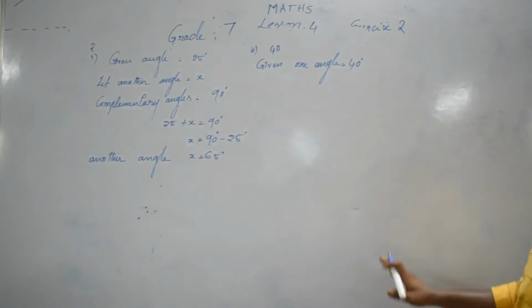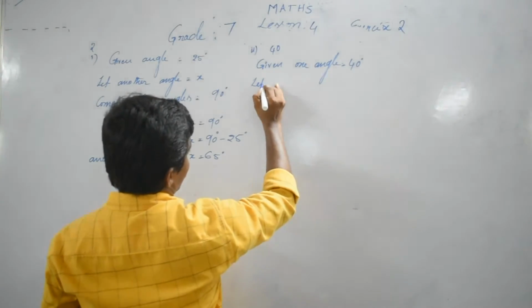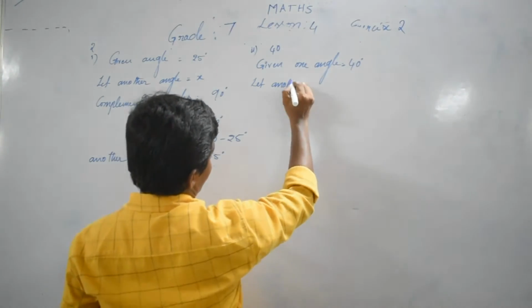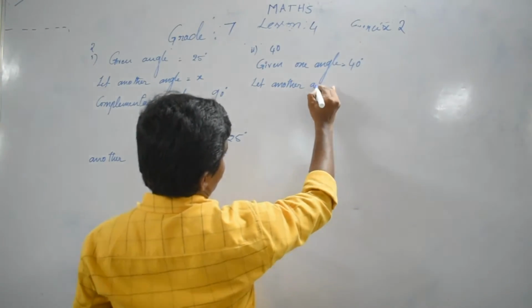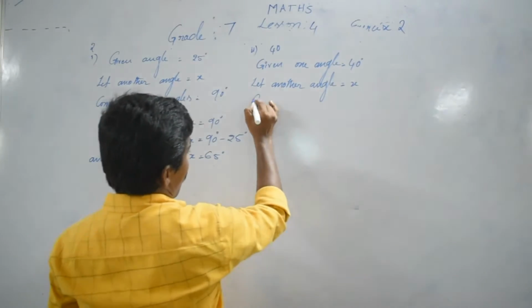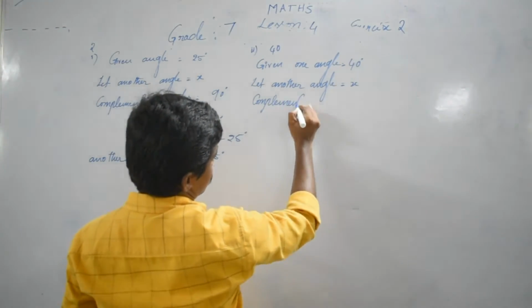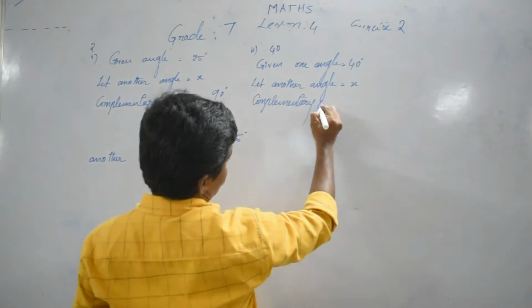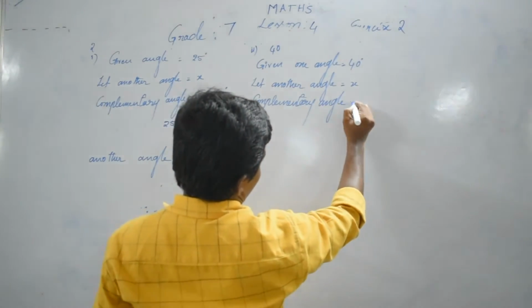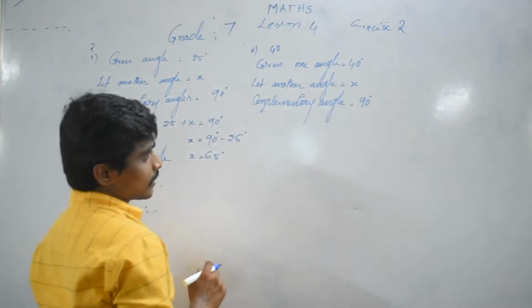Here only one angle is given. Let the other angle be x. So complementary angles, 90. So what are complementary angles?